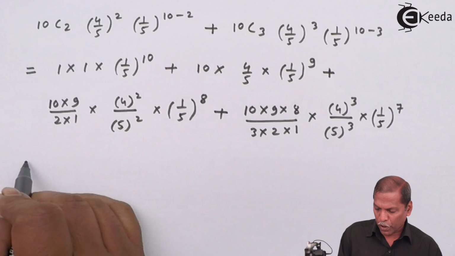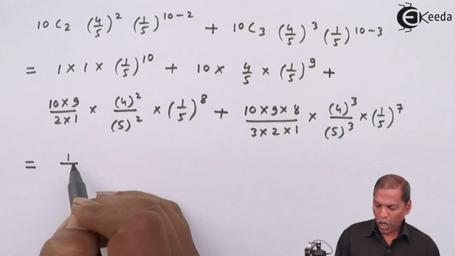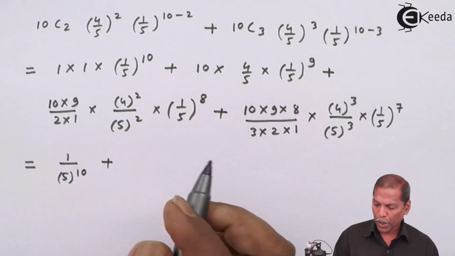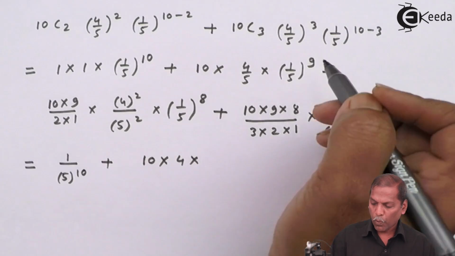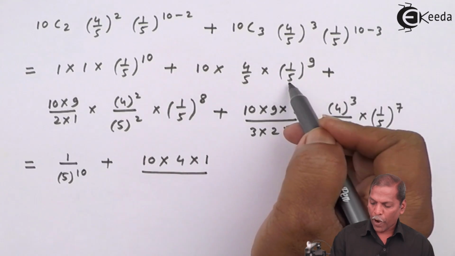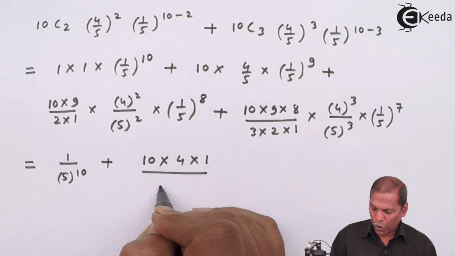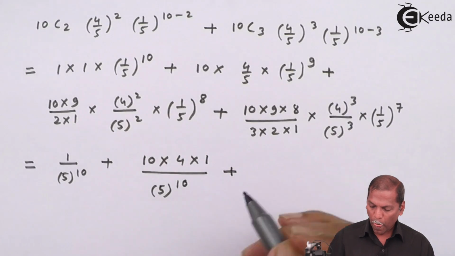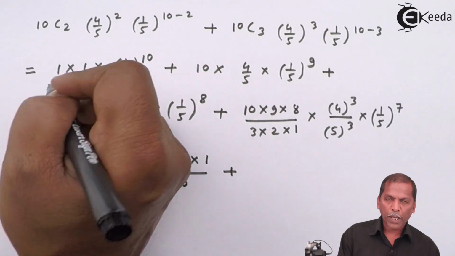So on simplifying further, we get 1 upon 5 raised to 10 plus 10 into 4 into 1 raised to 9, which gives 1 upon 5 raised to 9 into 5 raised to 1, so that gives totally 5 raised to 10, plus. Now here we go for cancellation: 2 ones are 2 and 2 fives are 10.